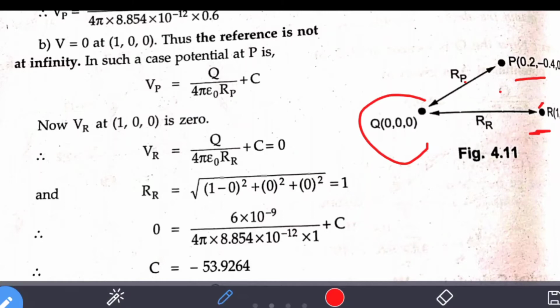Vp equals Q by 4 pi epsilon naught Rp plus another constant C. Now Vr at (1, 0, 0), the potential at the other point, is Vr equal to Q by 4 pi epsilon naught Rr plus C. Rr equals the square root of (1 minus 0) squared plus 0 squared plus 0 squared, that is x2 minus x1 squared plus y2 minus y1 squared plus z2 minus z1 squared.